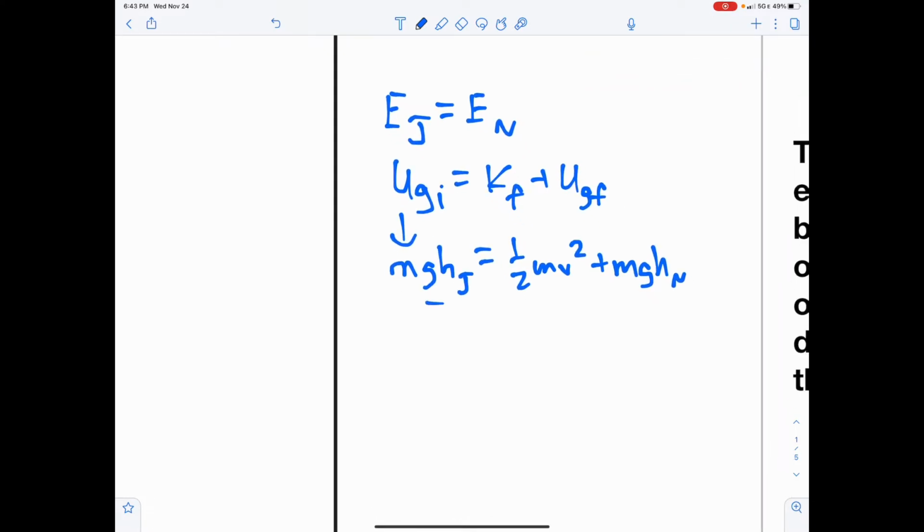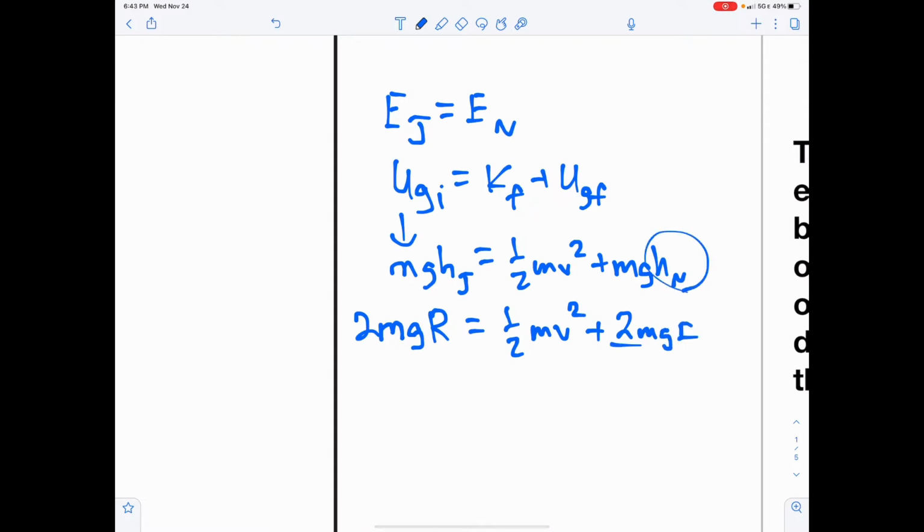Now, we already established what this is. We already wrote that earlier. That's going to be 2mgR, because remember, 2 times Jupiter's radius was the height, equals 1/2 mv squared plus 2mg little r, where 2 times the little r was the height that you fall from the top of Neptune's curve.